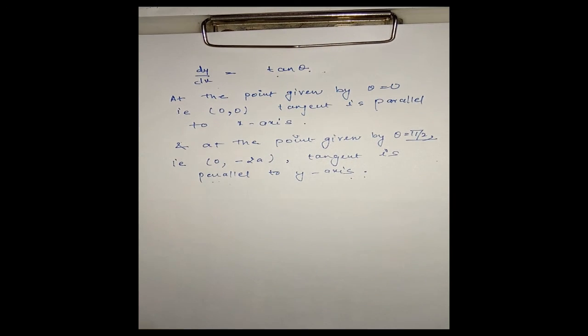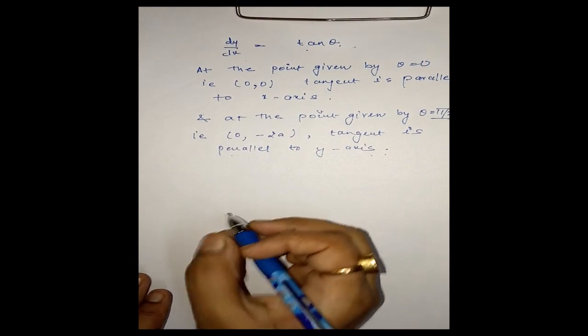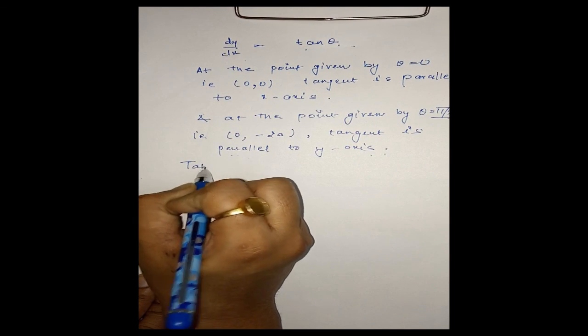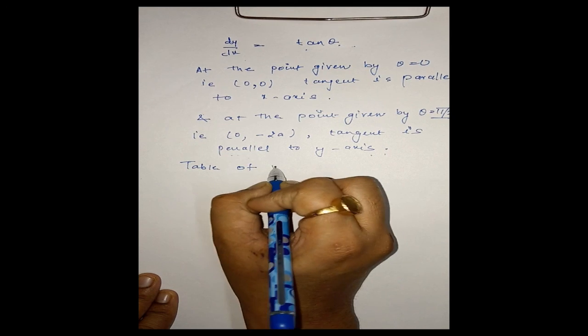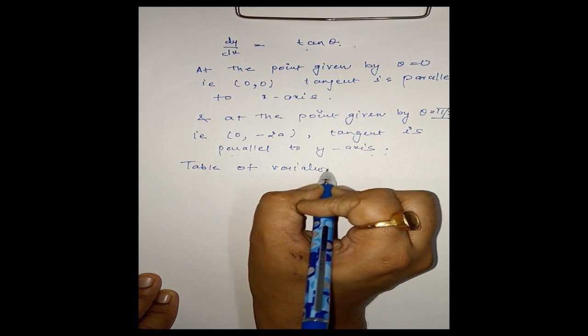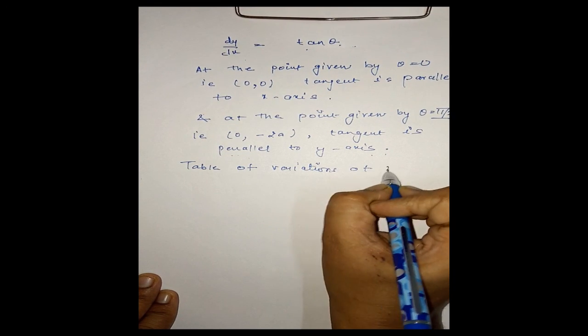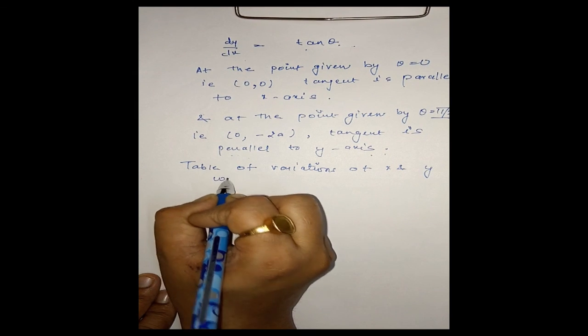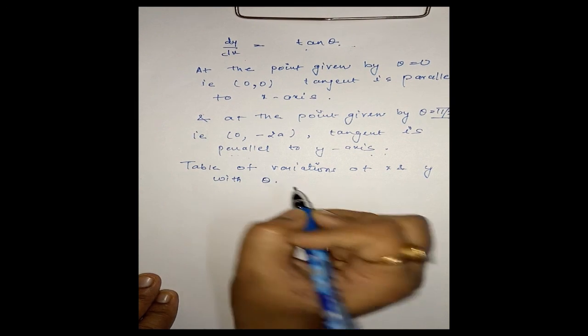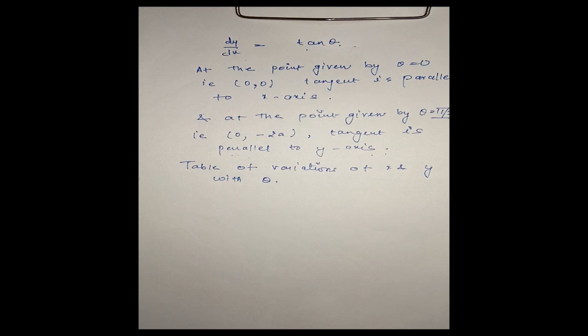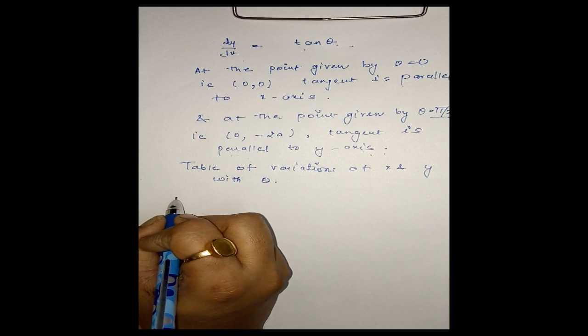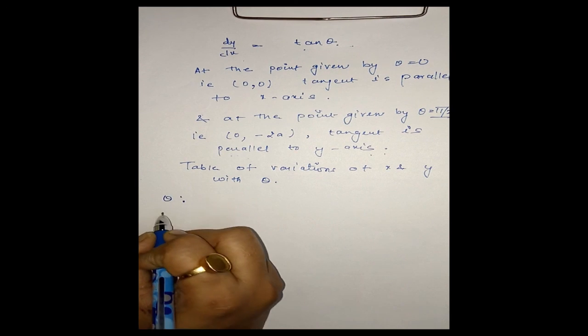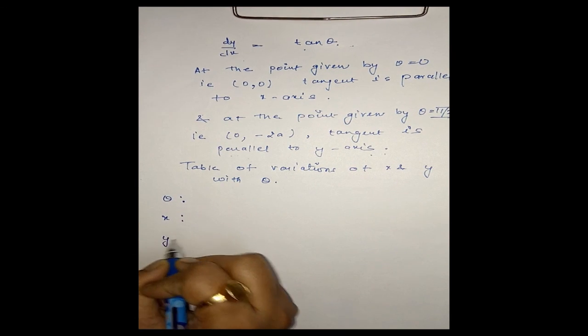Now we have to construct the table of variations of x and y with theta. Here I take theta, x and y.